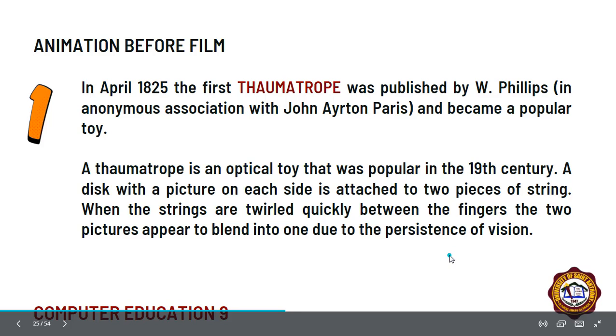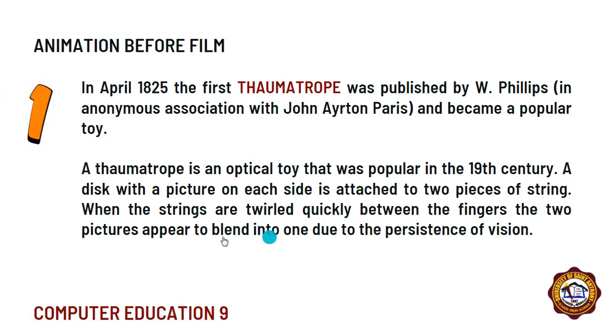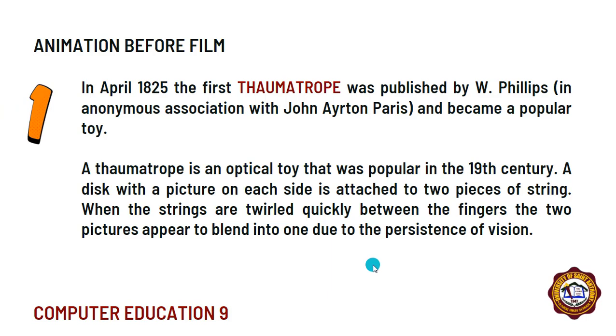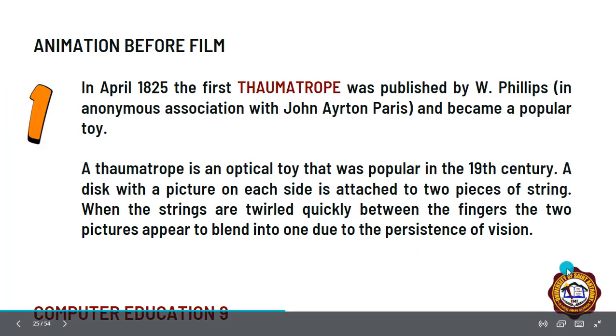So merong naka-attach na dalawang string. Then when the strings are twirled quickly between the fingers, the two pictures appear to blend into one due to the persistence of vision.